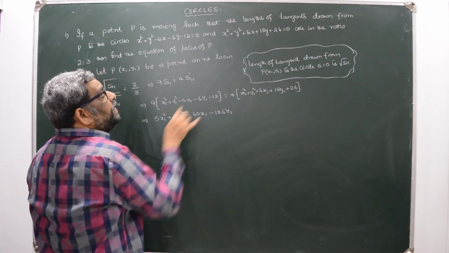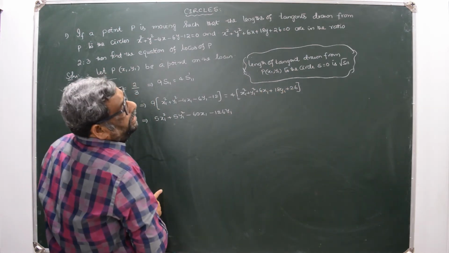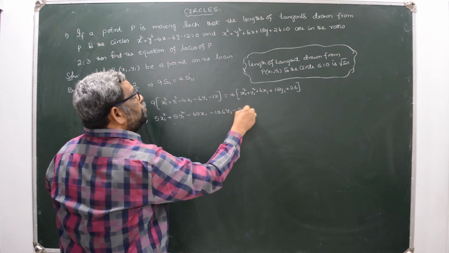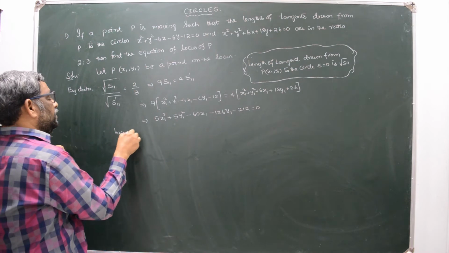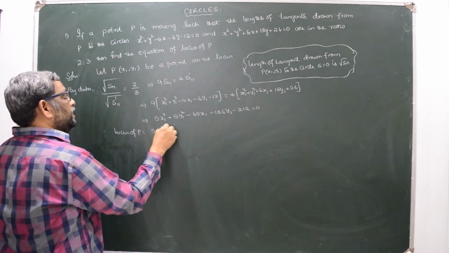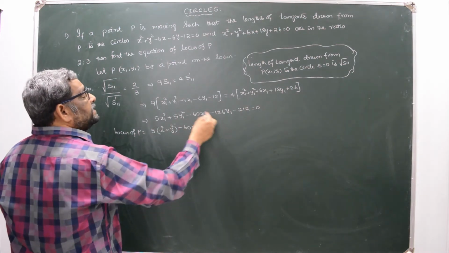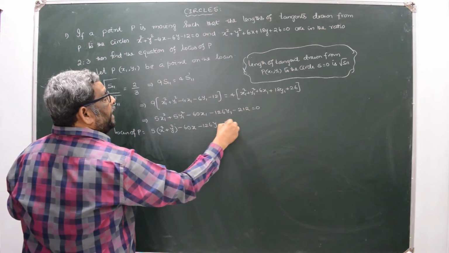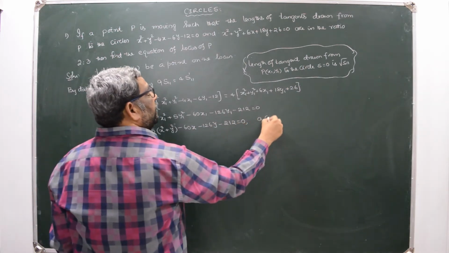This is 9 into 12, 108. This is 4 into 26, 104. So 104 minus 108, minus 4. So locus of P is 5 into (x square plus y square) minus 60x minus 126y minus 212 is equal to 0. It is nothing but a circle.